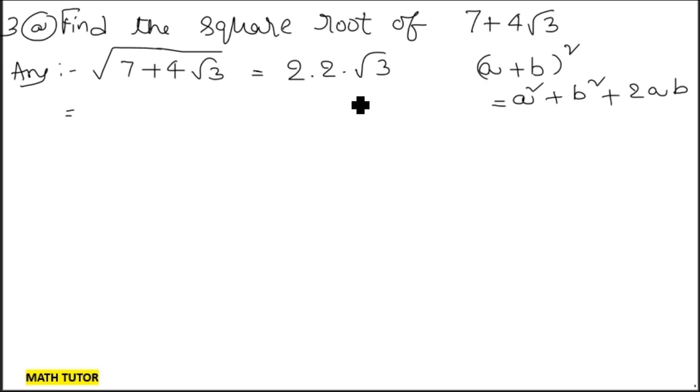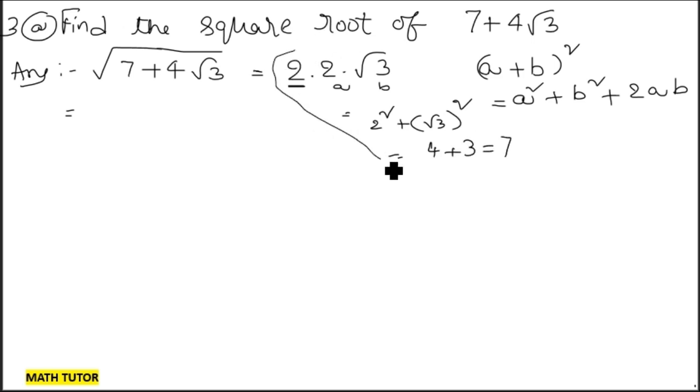So 2 will by default be there. The remaining numbers in this 4 root 3, one can be A, the other can be B. Let me try. If I add both of these squares, I should get 7. So 2 square plus root 3 whole square, that is 4 plus 3 equals 7. So my assumption of A and B is correct.